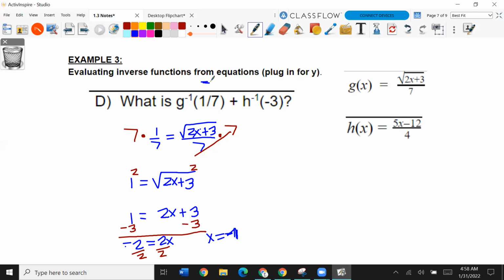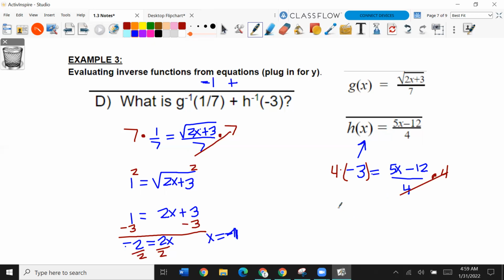So negative 1 plus, and then h inverse of negative 3, go through the same process. I'll put negative 3 over here. We're going to put negative 3 in for the y value here. So negative 3 equals 5x minus 12 over 4. Again, multiply by that number on the denominator. That's 4 times negative 3, negative 12. These cancel out.